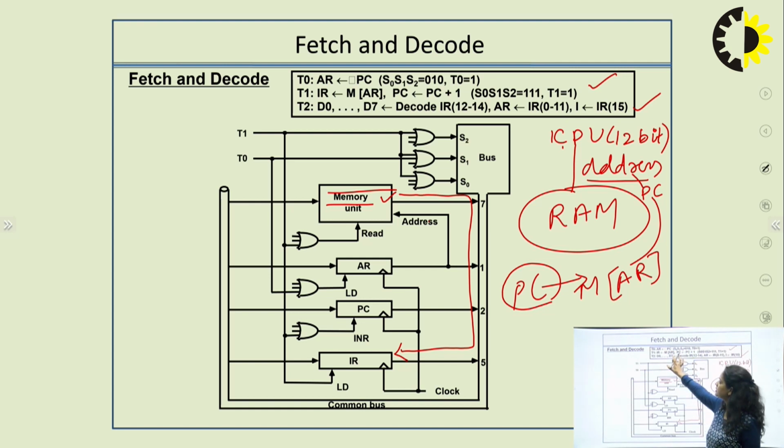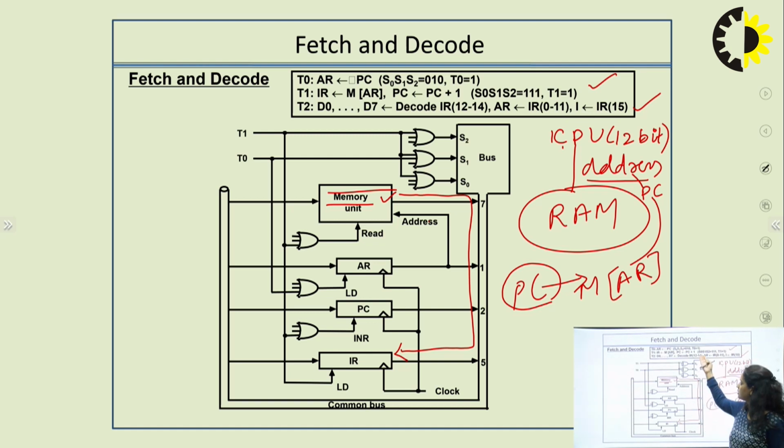That memory content is searched and then fetched into the IR register, that 16-bit instruction on searching that 12-bit address. And meanwhile, the program counter is also updated. So why are we updating the program counter in this time duration T1? Because when a particular instruction is in the execution process, the instruction which is next in the sequence in the memory has to be executed.